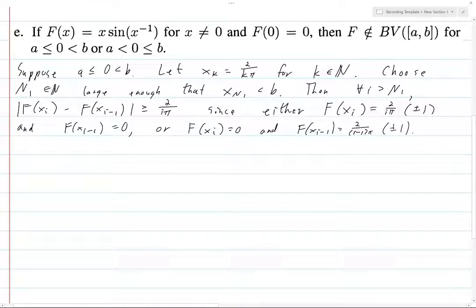So if we take the absolute value of this difference, what we're just going to get is this or this in absolute value. And since we're taking the absolute value, the plus or minus 1 is going to drop out.